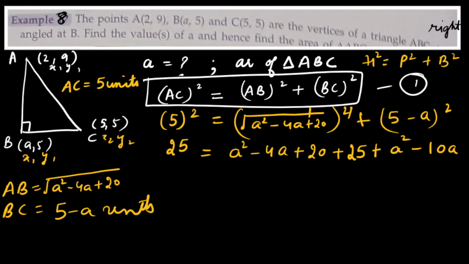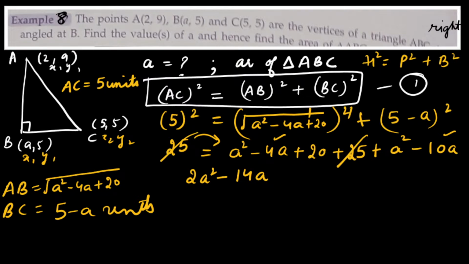Now we can just simplify this. Let's shift this 25 also to this side, and like terms we can add. So A square plus A square is 2A square, and then we have minus 4A minus 10A. So this is minus 14A, and when I shift 25 to this side, this will become minus 25.